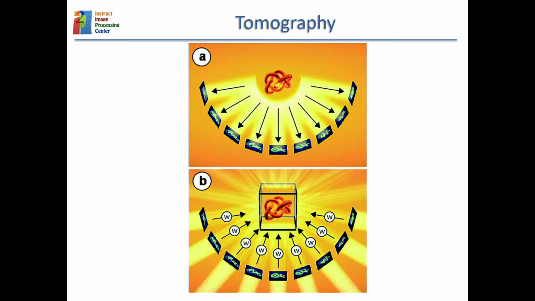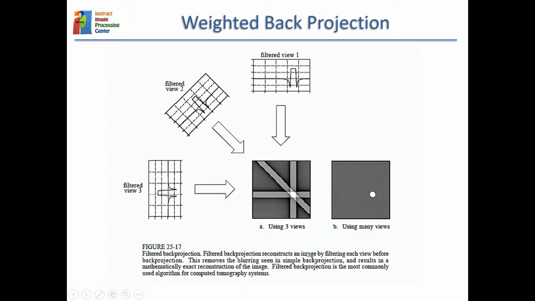That is why the tomographic reconstruction is said to be an inverse problem, because from measures of an object, and the measures are these 2D images, we have to reconstruct the object.